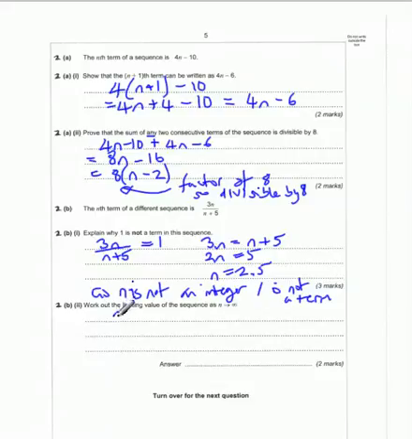So what we can say is 3n over n plus 5 is going to tend towards 3n over n as n tends towards infinity. So that plus 5 is irrelevant there. Then we can simplify this down, which is just 3, as the n's are cancelling out. So the limiting value of the sequence is just 3.